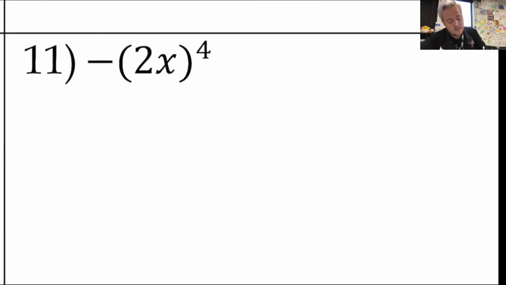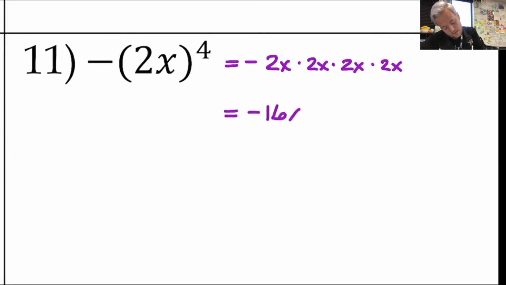So because the negative is outside the parentheses, that tells me the negative is not going to be repeated. So I'm only going to do 2x 4 times, but the negative is only written once on the outside. So I'm going to have negative 16 x to the 4th.